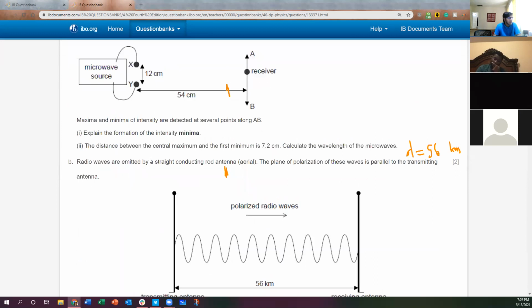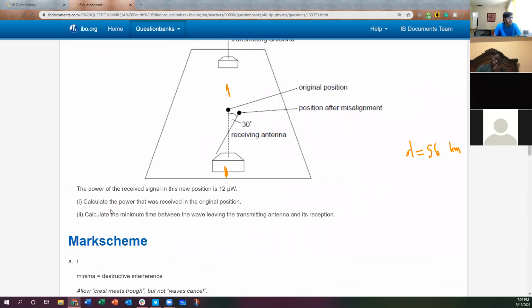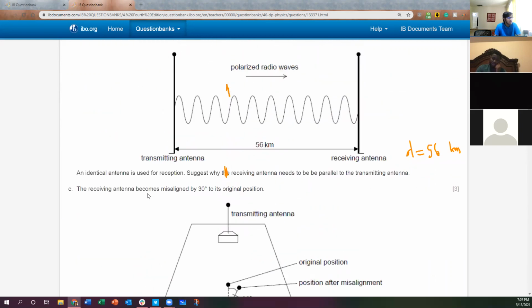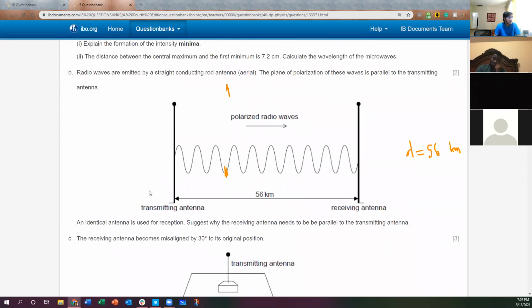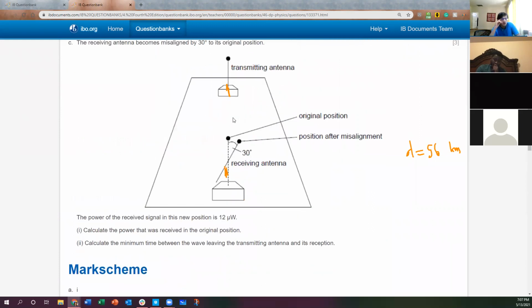Calculate the minimum time between the wave. Guys, how would we solve this? I can't think of something about how we would solve this. Does this have to do with power? I don't think so. I think it's minimum time.